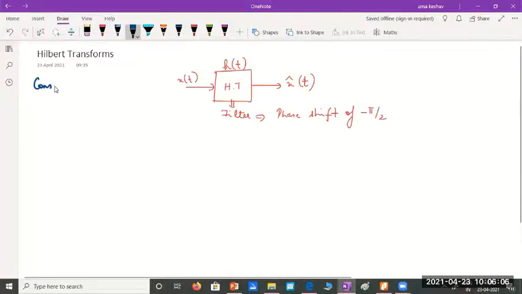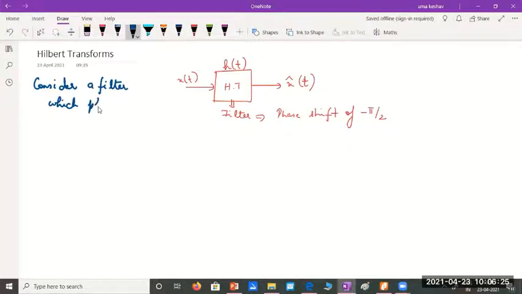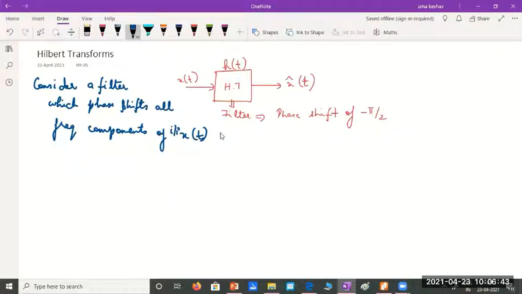Consider a filter which phase shifts all frequency components of the input signal x of t by minus 90 degrees or minus pi by 2.